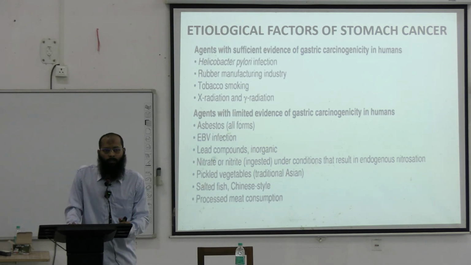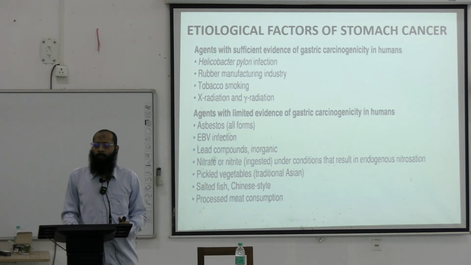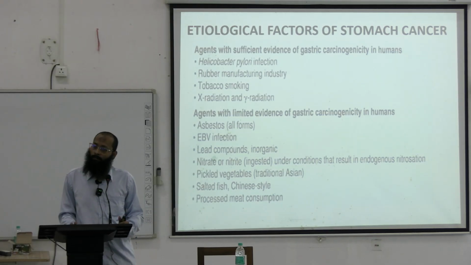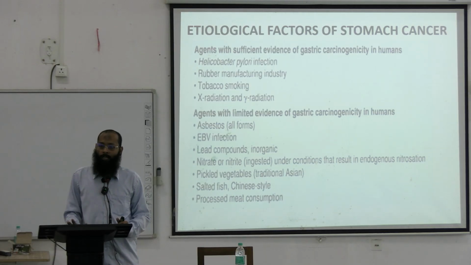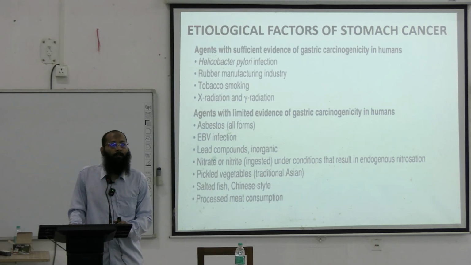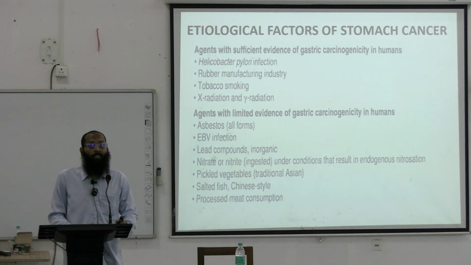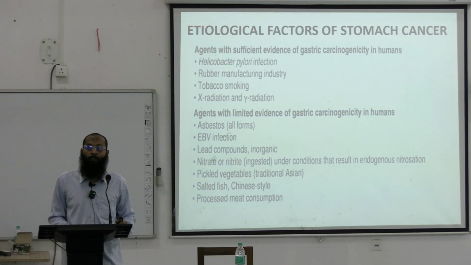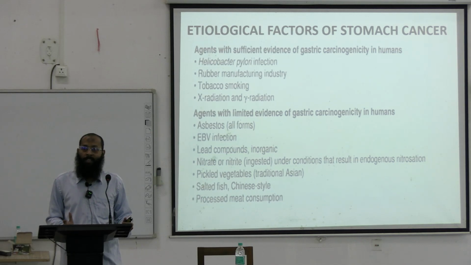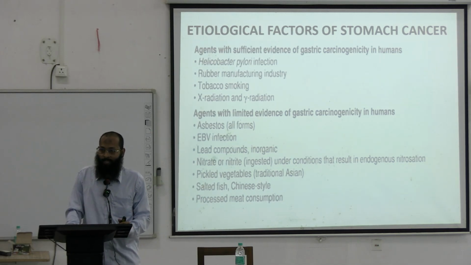So any radioactive accident or nuclear explosion can lead to gamma radiation. Do you know about any kind of explosion? Hiroshima, Nagasaki. The incidence of gastric cancer is very high in Japan. And can you explain the reason? Because they are too much exposed to the gamma radiation.